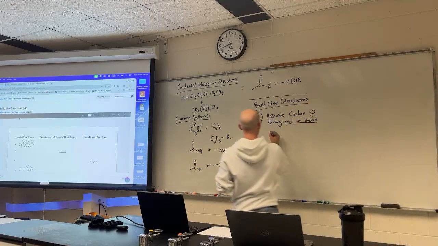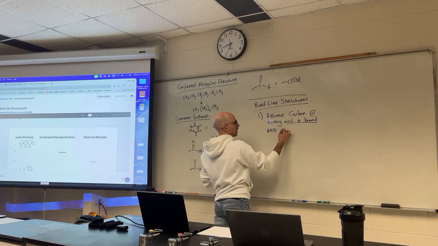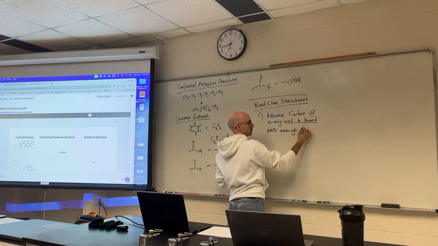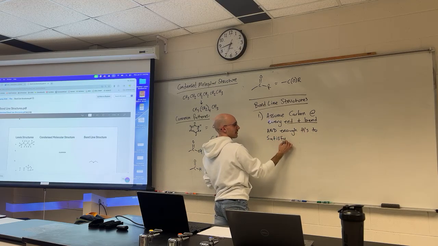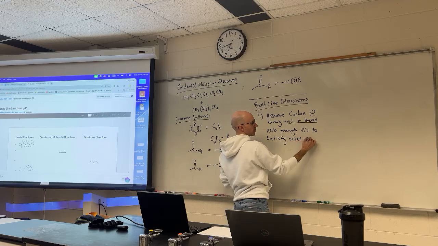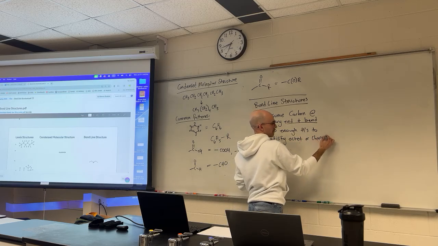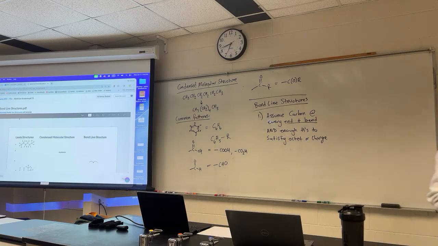And enough hydrogens to satisfy the octet or charge. We do not have to show the carbons. There will be a lot of them. We don't have to show the hydrogens.